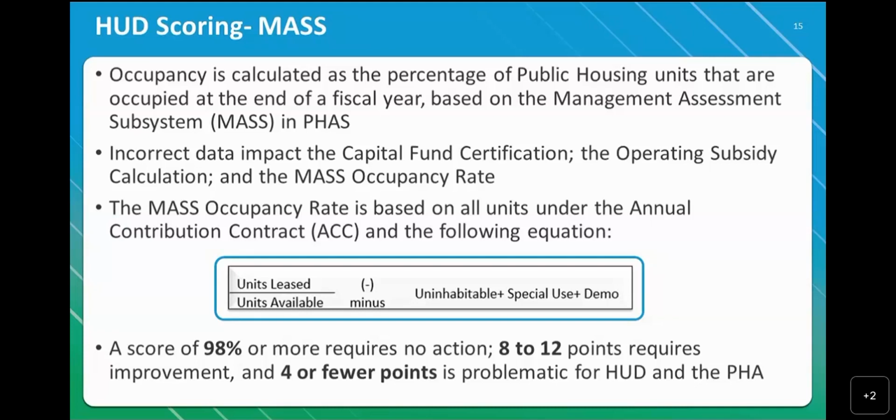And how is that rate calculated? It is units leased from units available. So if you have 600 public housing units and only 500 are occupied, you will take away your uninhabitable and add in the special use and demolition properties, but that essentially will give you your occupancy score.